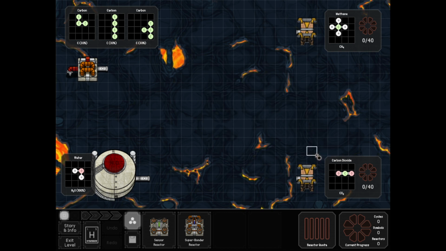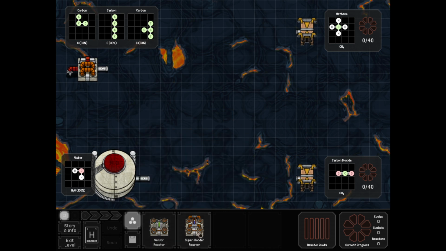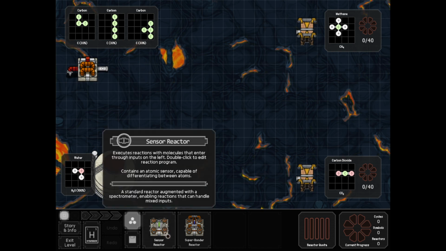So our ratio for this... well... I guess carbon just kind of does whatever it does. Not much point in using one of these over the other, really, is there, for this? Maybe a sensor reactor would be more useful.